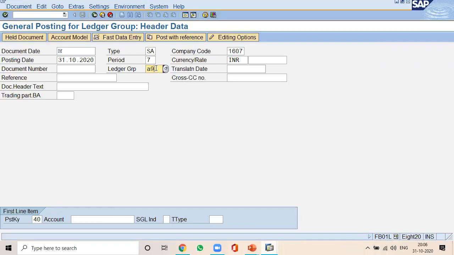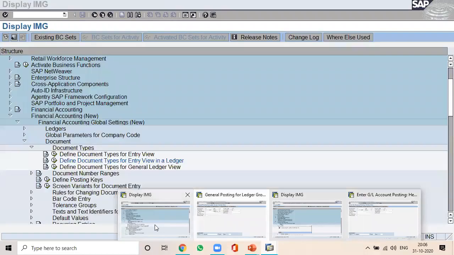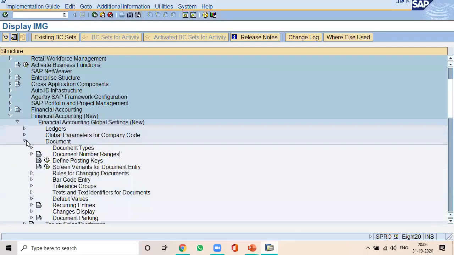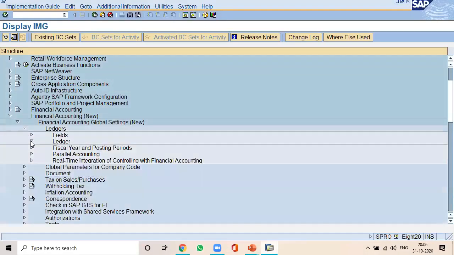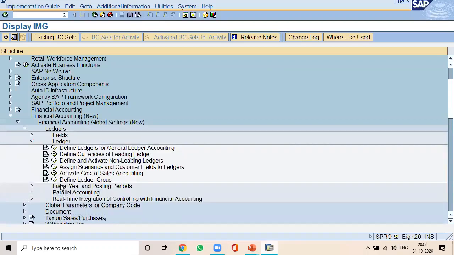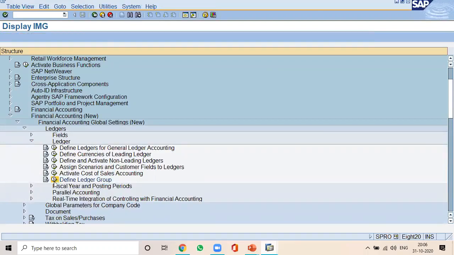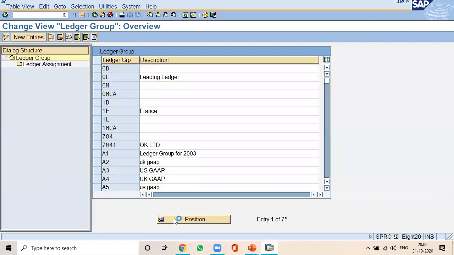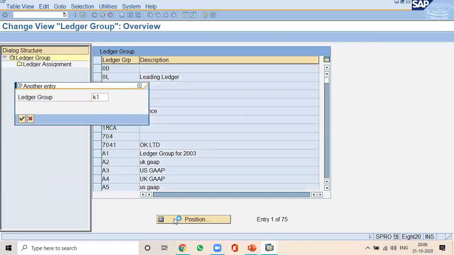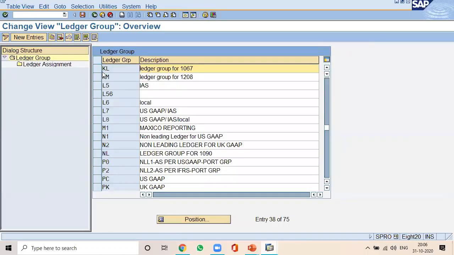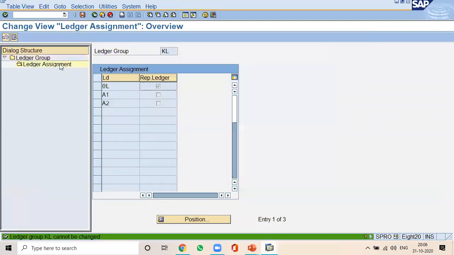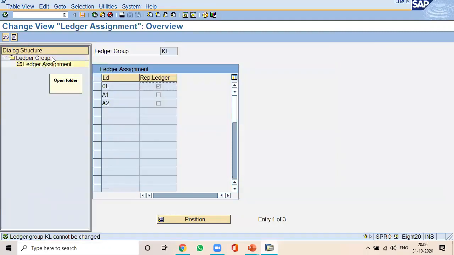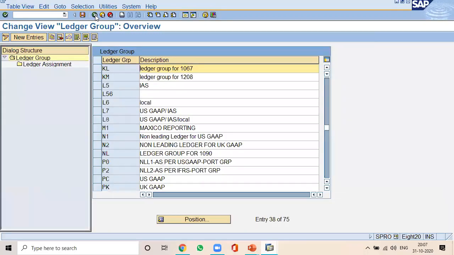Then that posting is done only to that A9 ledger, FB01L. Suppose you assign this A9 ledger to the KL ledger group also.